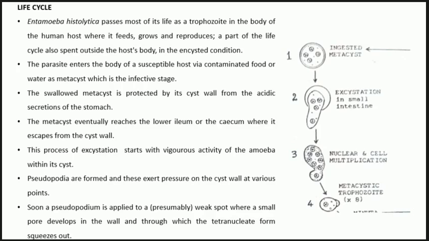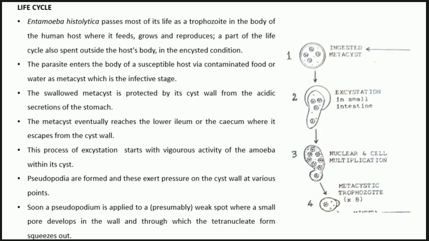Once inside the body, through water or food, first it will be present in the stomach. Because of its thick cyst wall, nothing will happen to it; it is protected. It gets transferred into the next part, the small intestine, and from the small intestine it reaches the lower ileum.